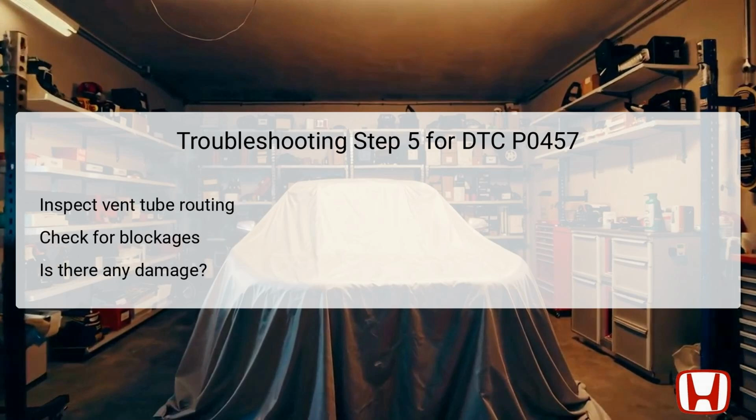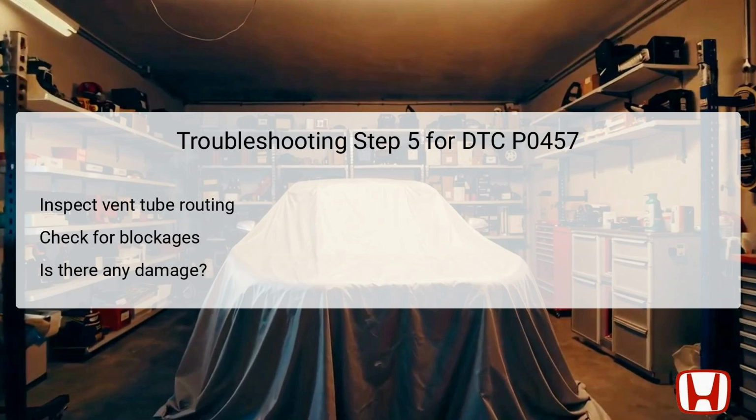The fifth troubleshooting step emphasizes ensuring the proper routing of the EVAP canister vent tube. An improper setup or any obstructions could significantly hinder the system's overall functionality. Inspect the vent tube meticulously for any signs of damage, blockages, or kinks.